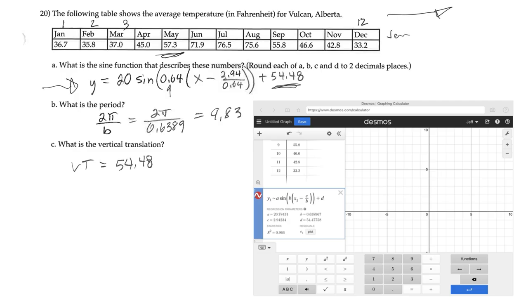So next January, February, March, April, May. So the next January would be 13. This would be 14, 15, 16, 17. So my x value would be 17. So I want to know what the average temperature will be when x is 17.